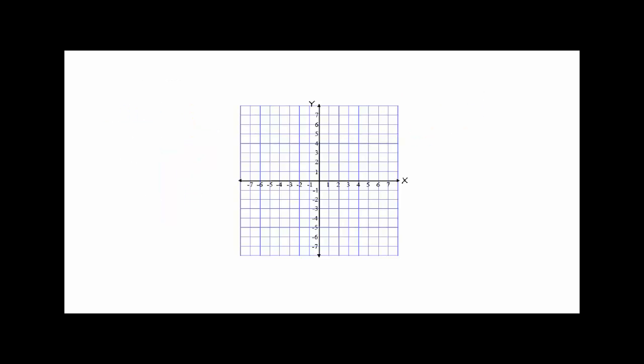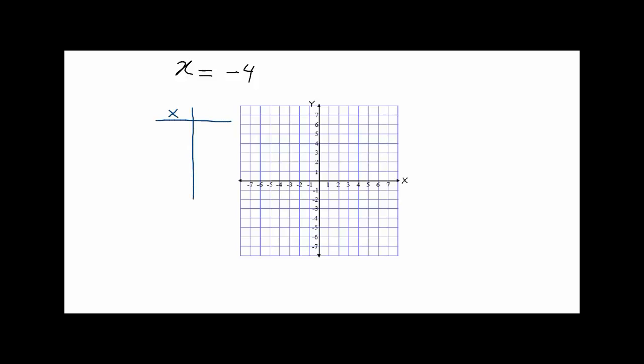A final example, graph the equation x equals negative 4. As you can see now, x is a constant and we don't have y in our equation. So what does this mean?